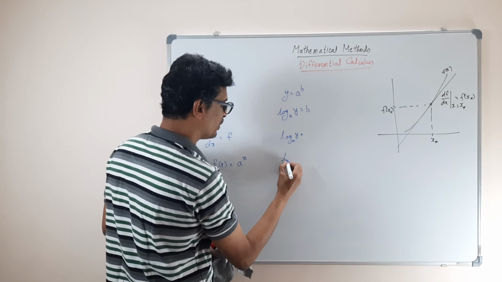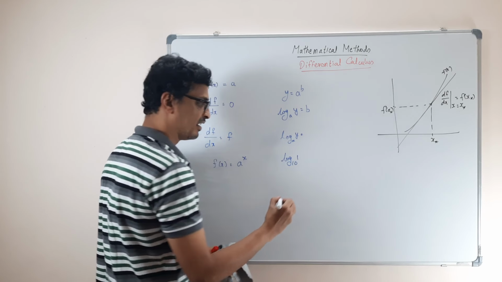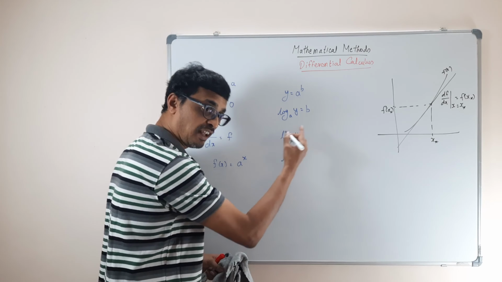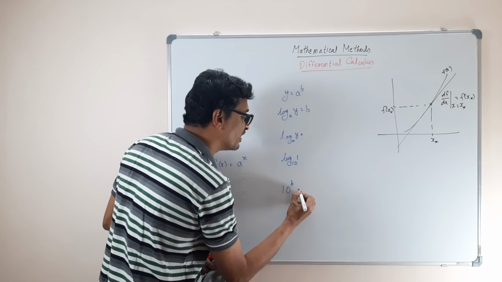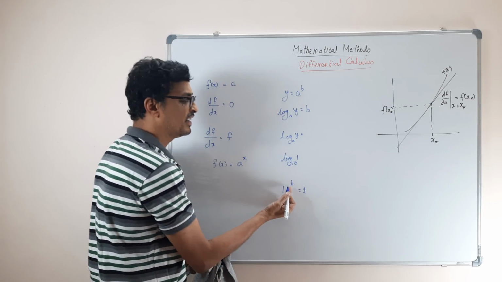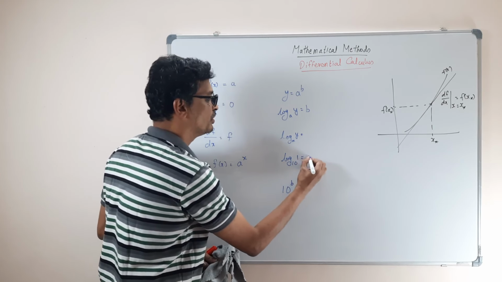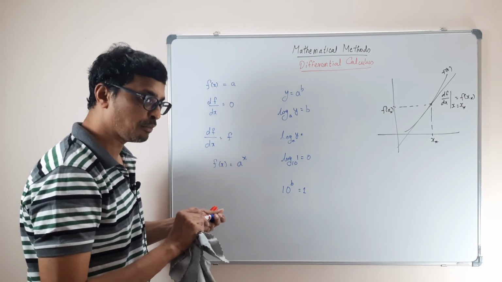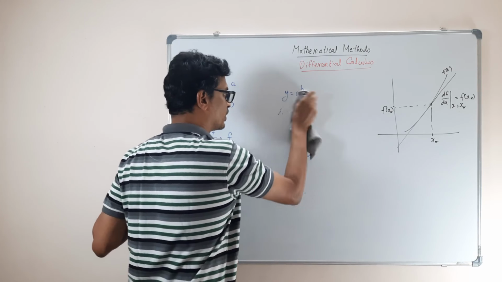So if you get log base 10 of 1, then what it says is, what should be the power of 10 so that you get the answer equal to 1? You can easily tell. It's 0. So this will be 0. This is a log. So we will see about it later on when you do it in the maths class. So this can be written in the logarithm form also.